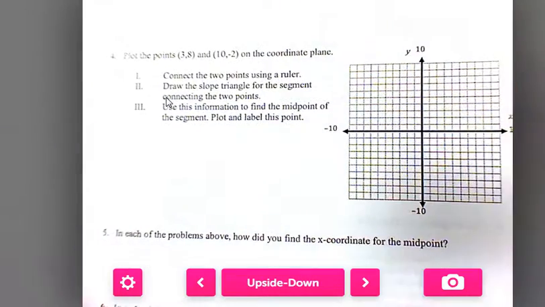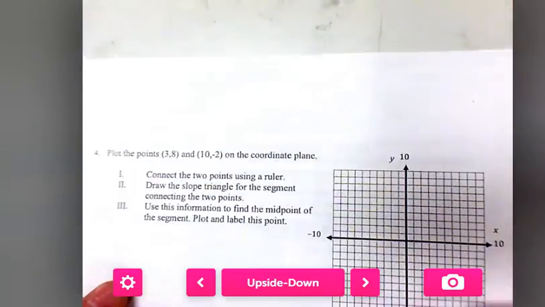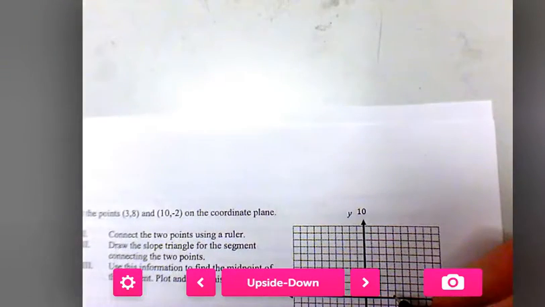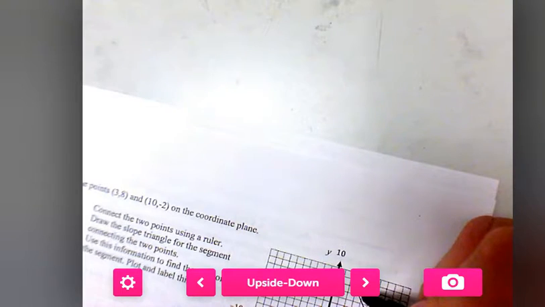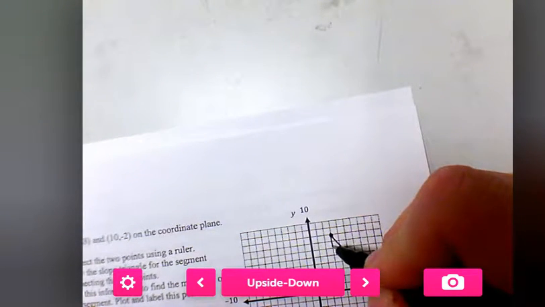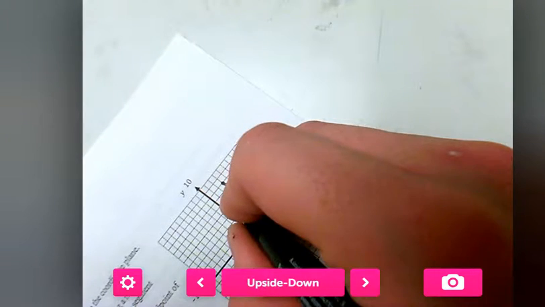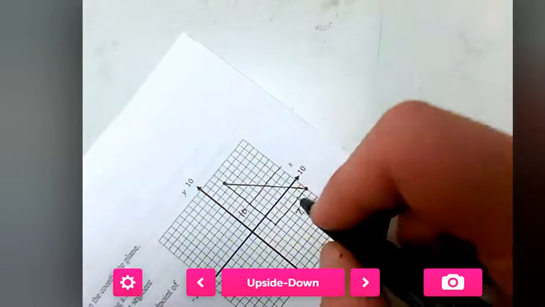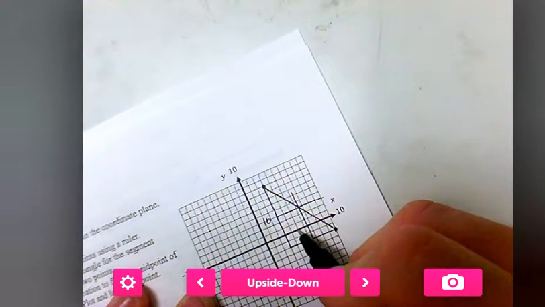Either way, guys, graphing or, if you just want to use the formula, do that. Try number 4. Either way, use the formula or graph it.